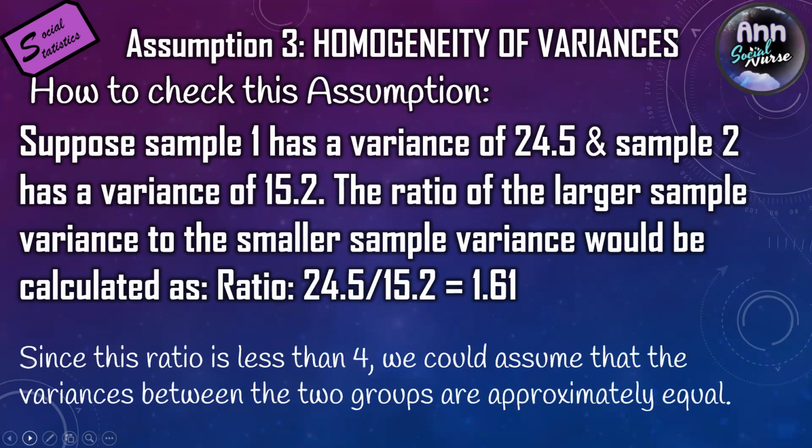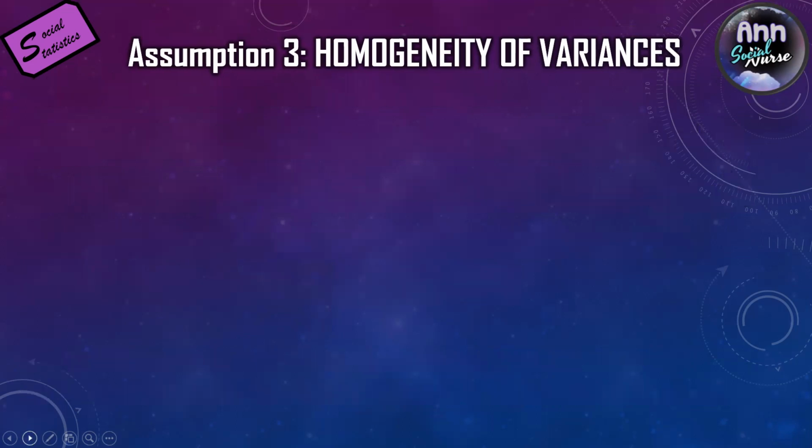Since this ratio is less than 4, we could assume that the variances between the two groups are approximately equal. And this is easy to use because we know even how to compute the variance manually, right? You just use the mean of each group, and you can have the variance already. So this is easy to do.